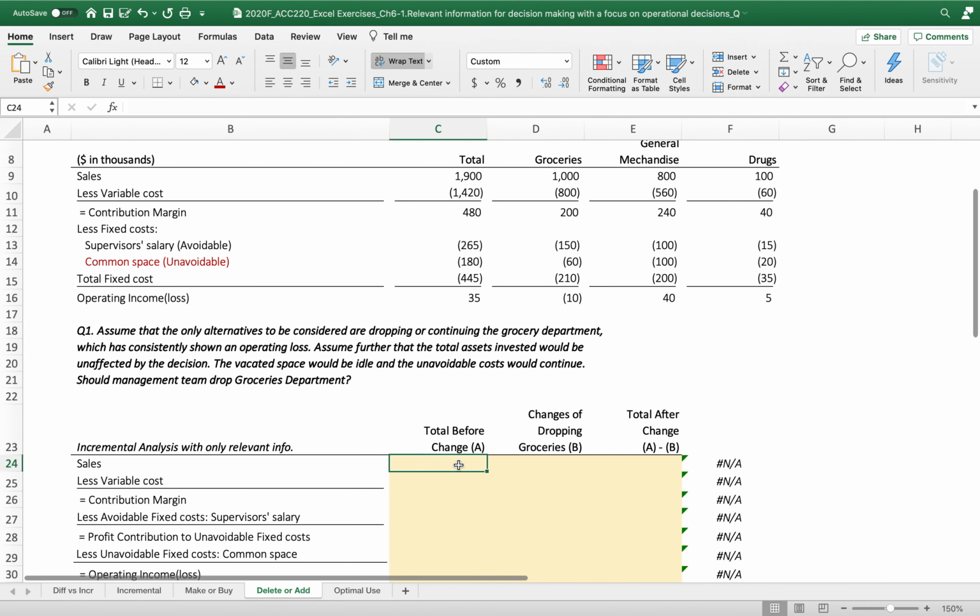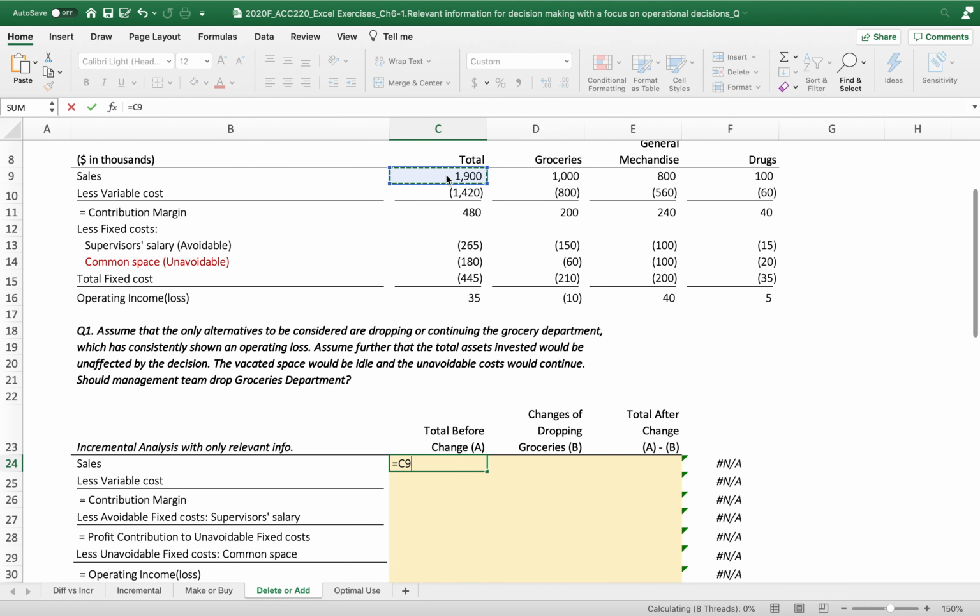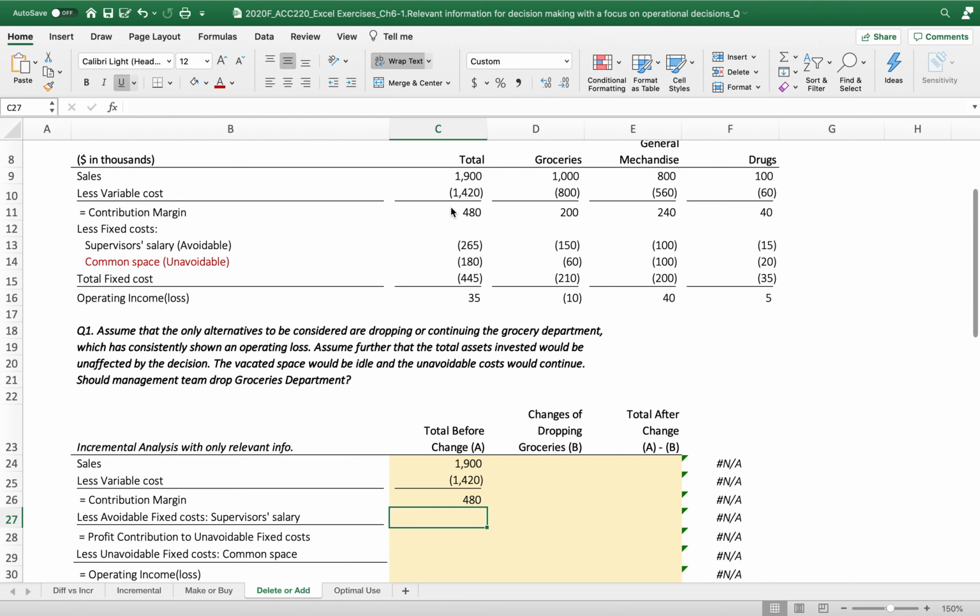To do so, we should retrieve this information, the total before change, 1,900, then everything from this table, less avoidable fixed cost, the supervisory salary.